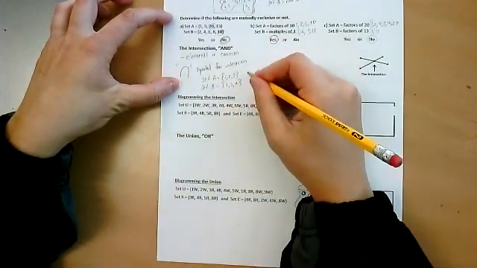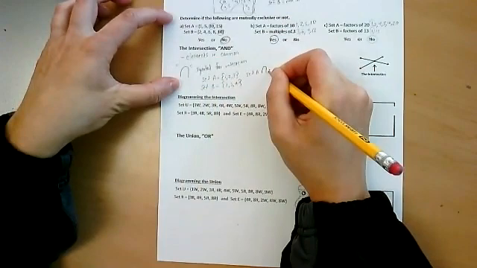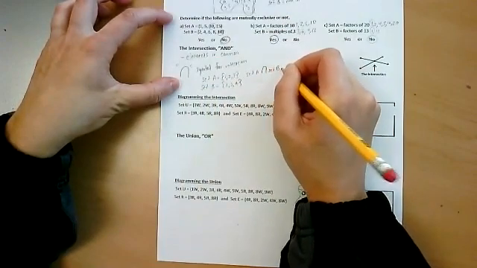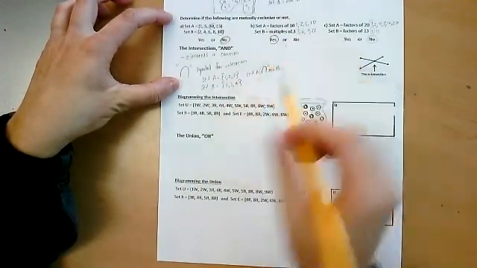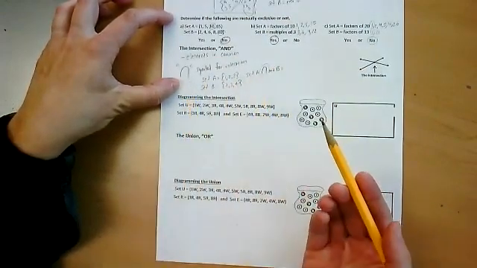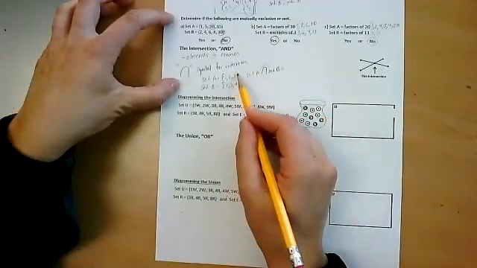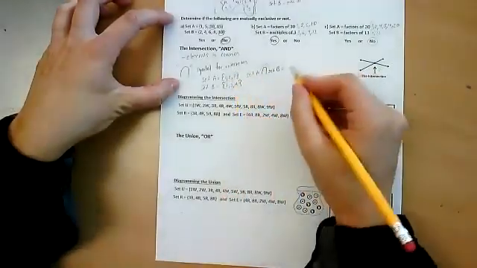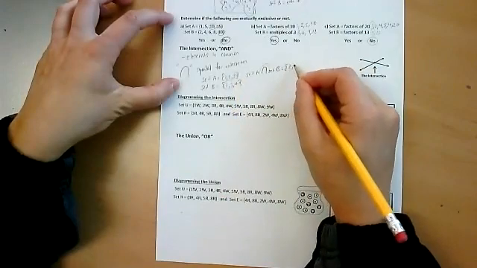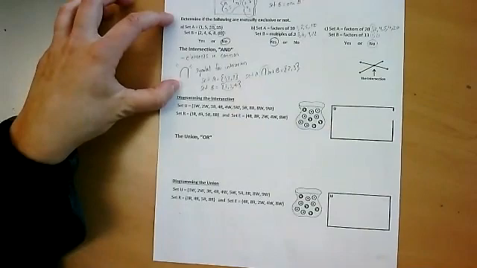And if they're saying, figure out what set A intersect set B is equal to, this symbol just means your AND, your intersection, saying between these two sets, what do they have in common? If you look, between set A and set B, the only numbers they have in common are the 2 and the 3, right? So I say that's going to equal {2, 3} with my little notation brackets there.